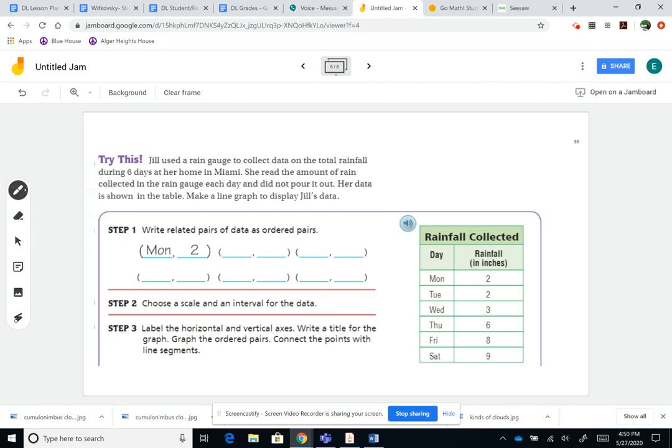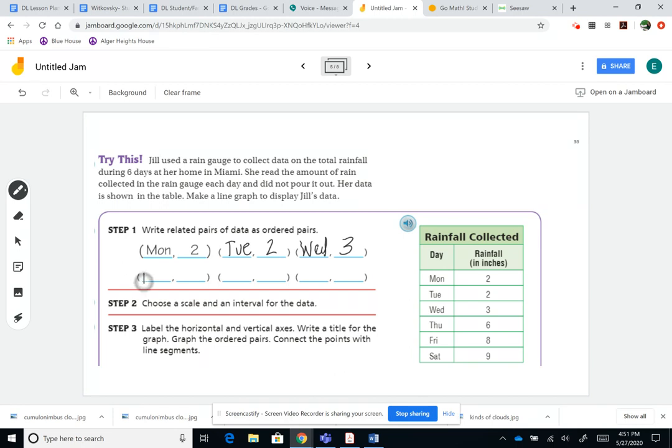On the next day, which would be Tuesday, I'll just do TUE for Tuesday. On Tuesday, there were also 2 inches, so we can gather that there probably wasn't any rain. On Wednesday, WED, there was 3 inches in the gauge.